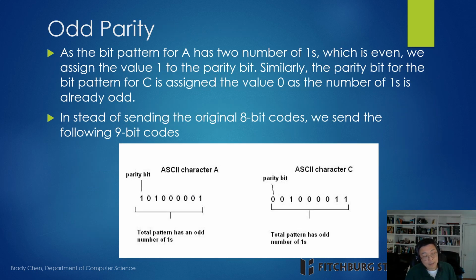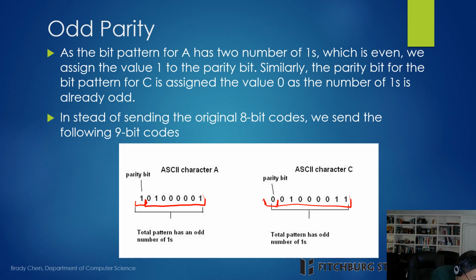Okay, so let's summarize the examples here. Again, we use the odd parity. For ASCII character A, here's the 8-bit binary sequence. And that's the ASCII code for character C. Now here, the difference between this one and the one we discussed before is we put the parity bit at the beginning, not at the end. But that doesn't make any big difference, right?